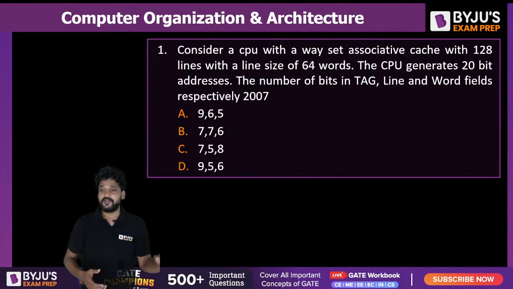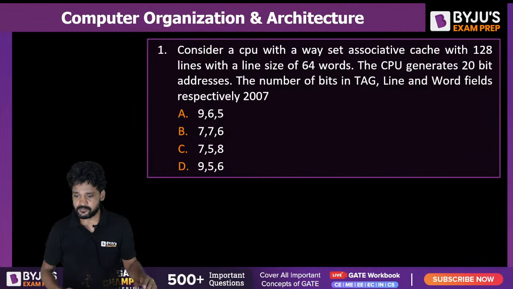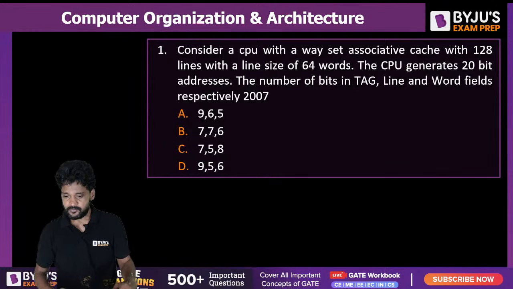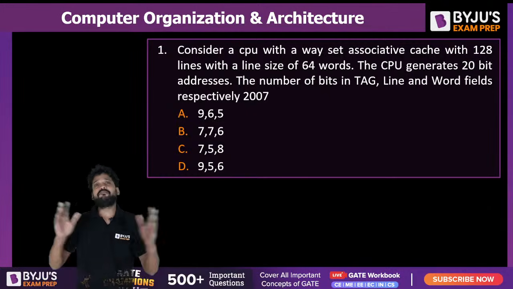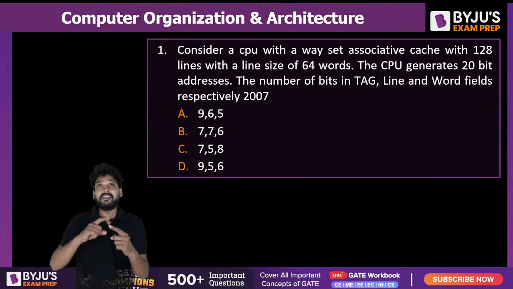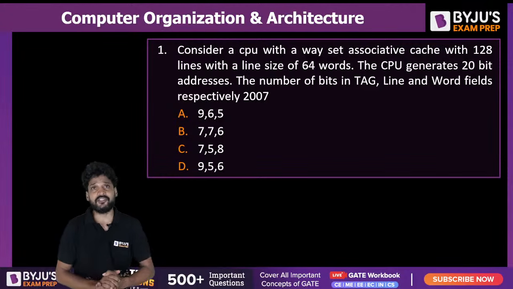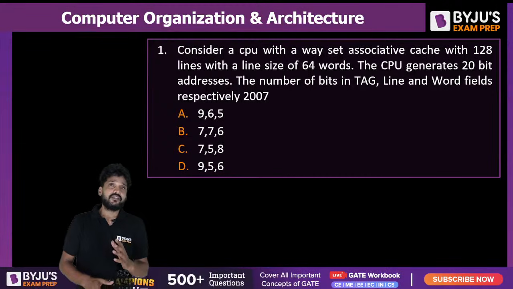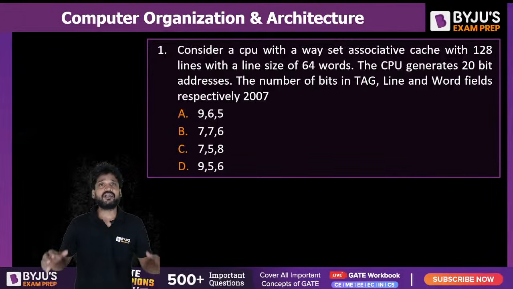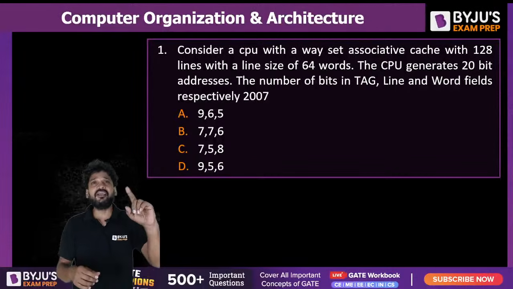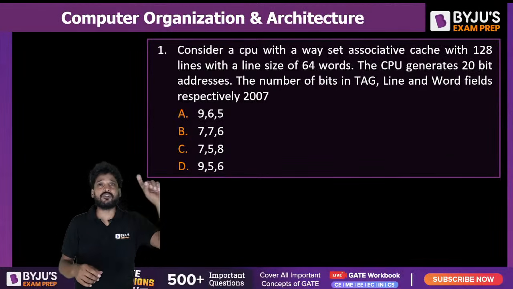We know that memory is an important topic, especially the cache mapping techniques. No matter what kind of mapping technique it is, every year we are going to get one question from the mapping techniques.